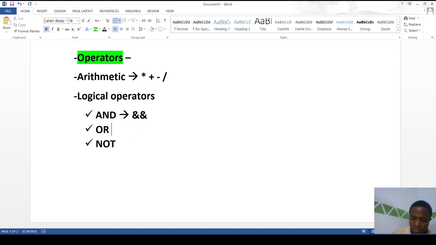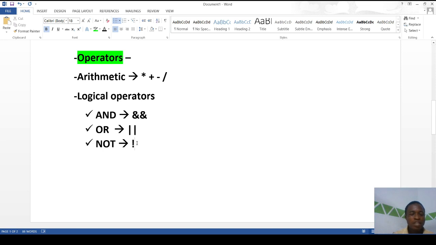And then when you see this symbol, this symbol means OR. And then when you see this symbol, this means NOT. So anytime we are applying this symbol, you should understand.